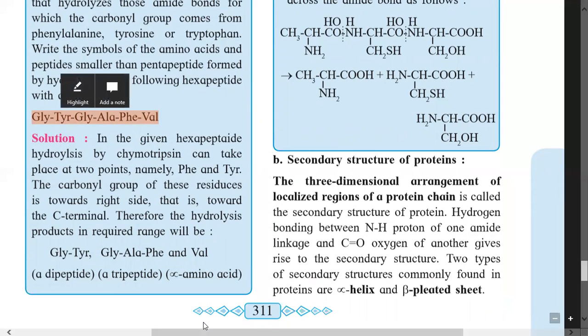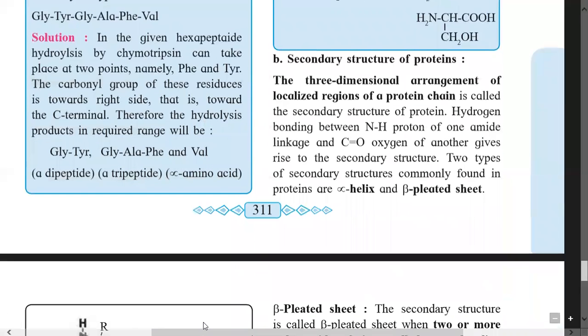So these are the three-letter symbols of the amino acids, and they are linked together in this way. So this GLY, that is glycine, and TYR, tyrosine, is a dipeptide, that is, two amino acids linked together by a peptide bond.